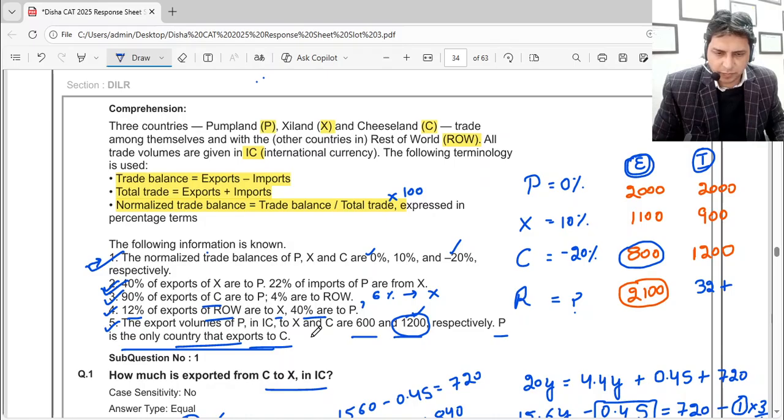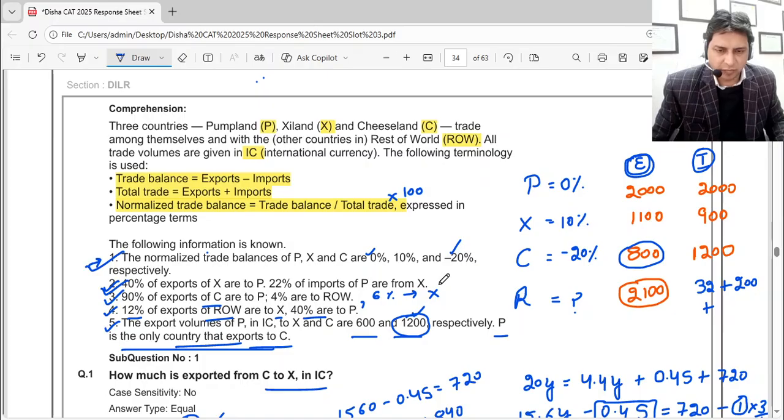the export value of P to X and C was this. To R we already calculated, that was 200 to the rest of the world, which we calculated from this equation in all these calculations. So we got the import from P to ROW, we got the import from C to ROW.